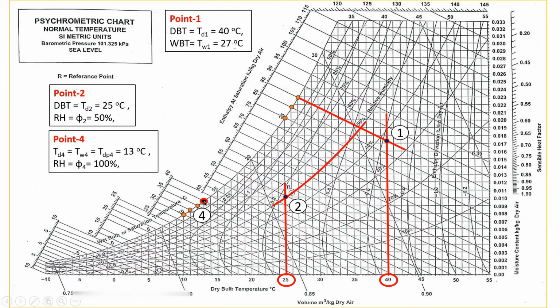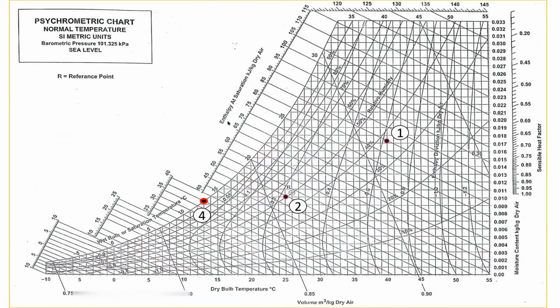Now we can read the enthalpies at these 3 points. So here it is the enthalpy scale, and these inclined lines are the constant enthalpy lines. To find enthalpy at point 1, we can draw a line along constant enthalpy from point 1 like this. Similarly, from point 2, and from point 4, we can draw a line like this.